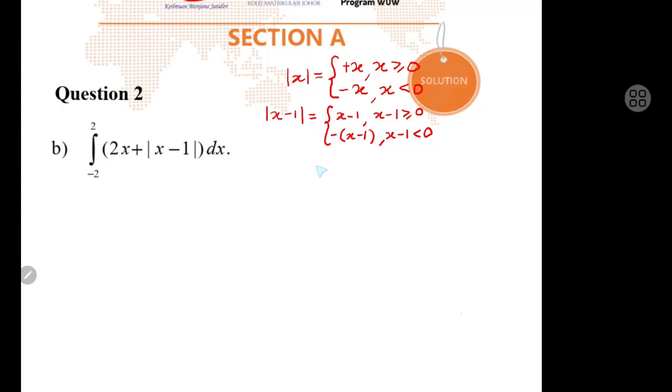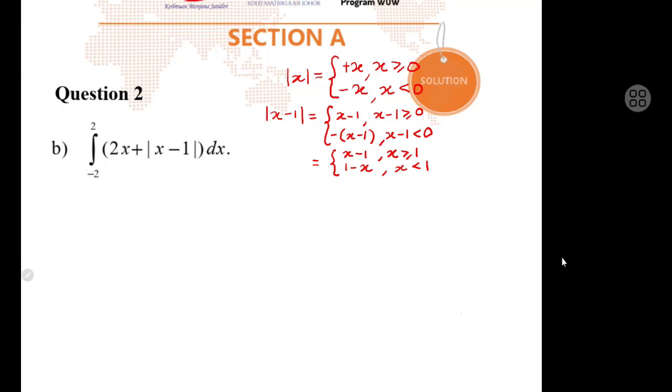So here you will get the function x minus 1 for, bringing negative 1 to the right hand side, x greater than or equal to 1. This one is negative x plus 1, or rearranged, 1 minus x, for x less than 1.